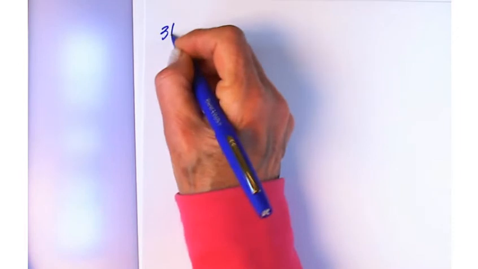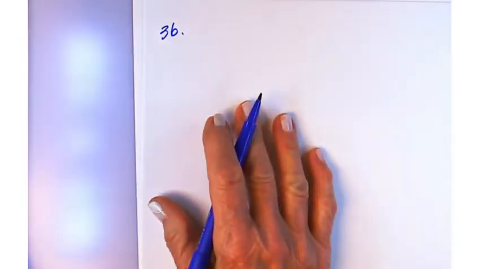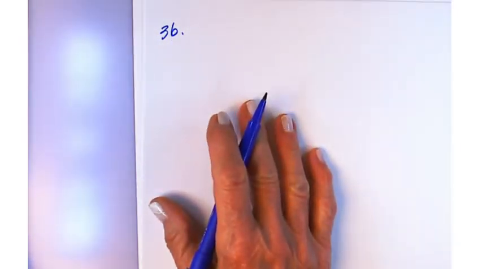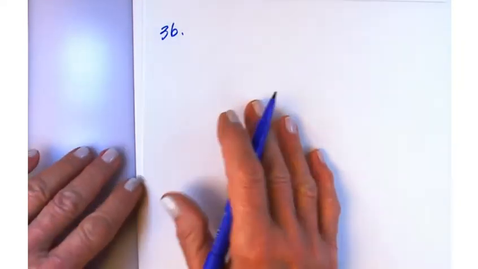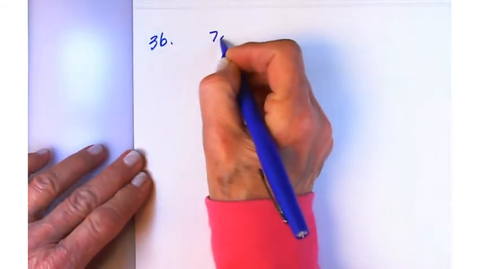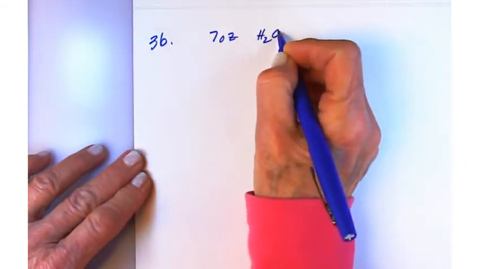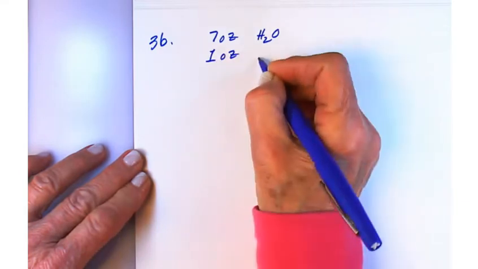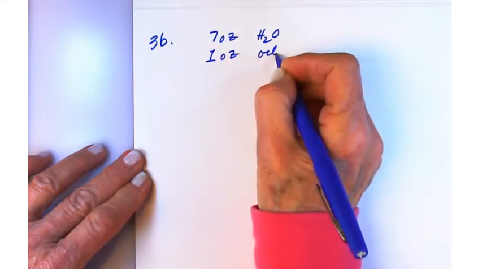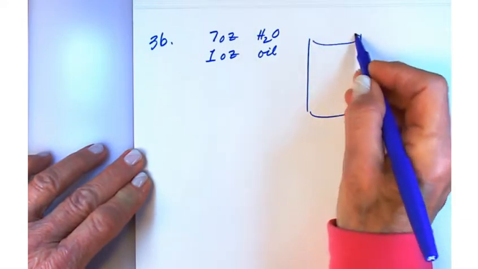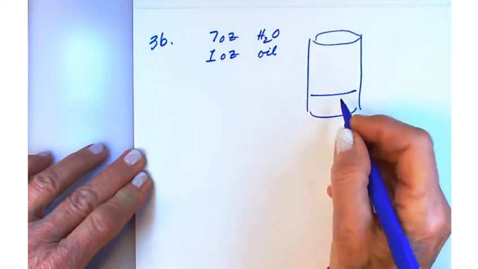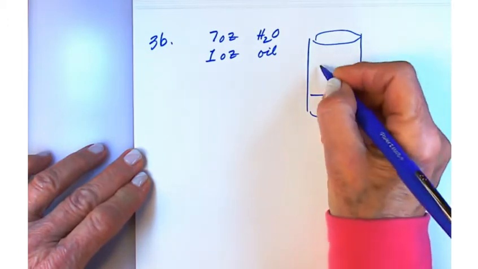Let's look at 3B. A fly spray mixture requires 7 ounces of water for each 1 ounce of oil. So in my jar, my container, I'm going to have oil and I'm going to have water.